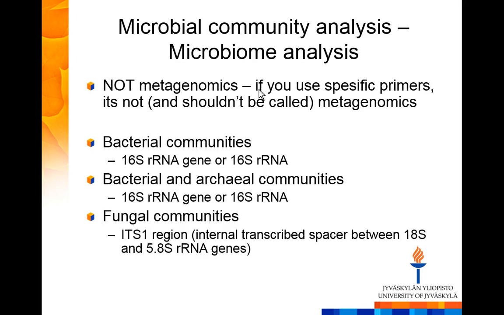You can also extract RNA, in which case most of your RNA will be ribosomal, and from that you can turn the RNA to DNA and then sequence the 16S rRNA, which has some benefits and is technically not much more demanding than analyzing the gene.